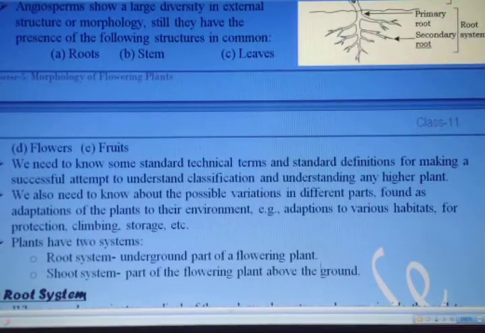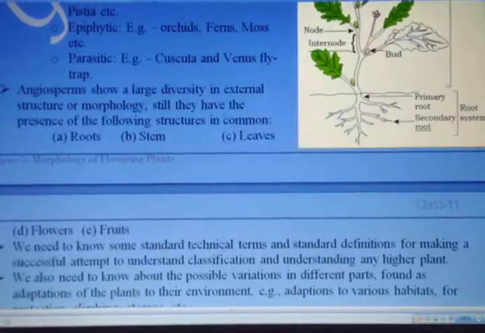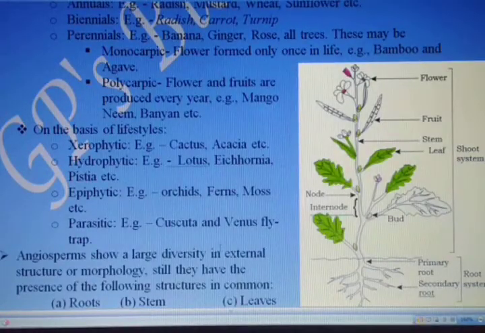Now when we talk about the structure or morphology of the plant, plants have two main structures you can see. One is under the ground, which we are generally not able to see, and the other part that we can see easily is above the ground. The part seen above the ground is called the shoot system, in which all parts like stem, branches, leaves, flowers, fruits, etc. are included.